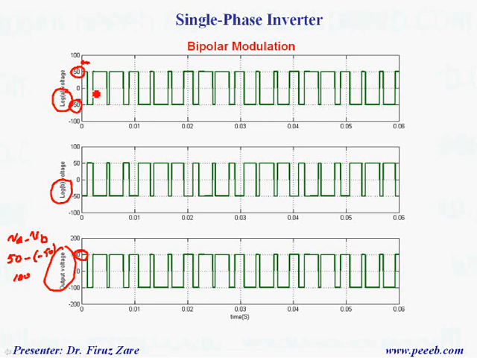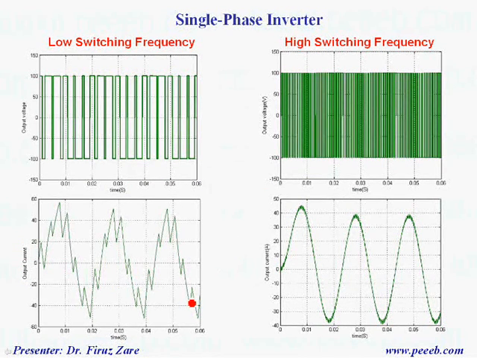And for this interval, for example, leg A is minus 50 and leg B is plus 50. So that's why the output voltage is minus 100, which is given here. So this is the output voltage waveform, and we can see the effect of switching frequency.